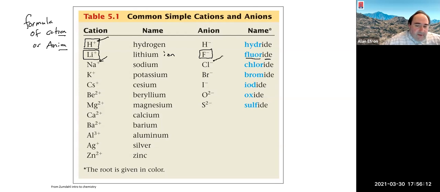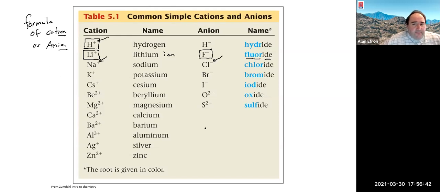So if you come across a question where you're not asked to write the formula of an ionic compound, but you're just asked to write the formula of the cation or the anion that makes it up, you do need to include the charges. Again, you don't include the charges when you put the cation and anion together, but you always want to write the charges when you write them separately.